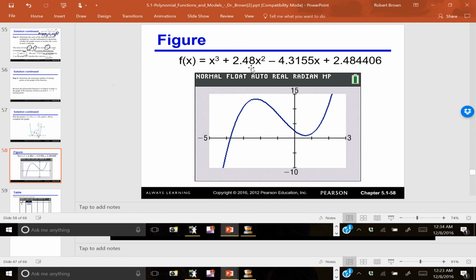We want to graph this. Notice there are no integers here. This would be very hard to factor and very hard to calculate, like the peaks and the zeros.